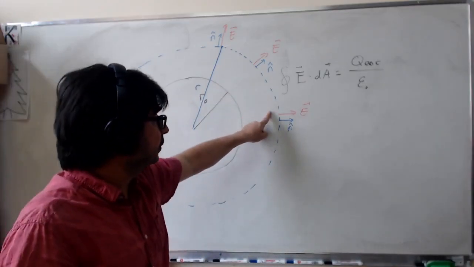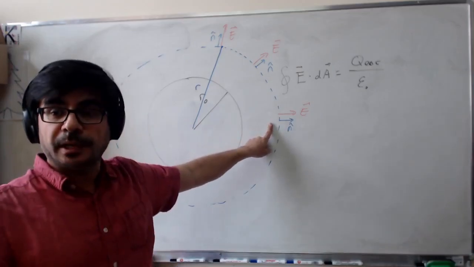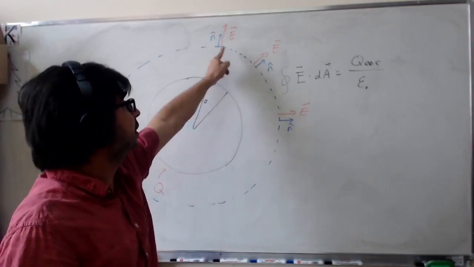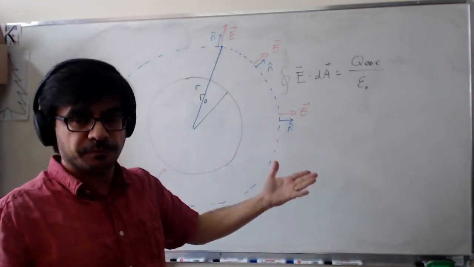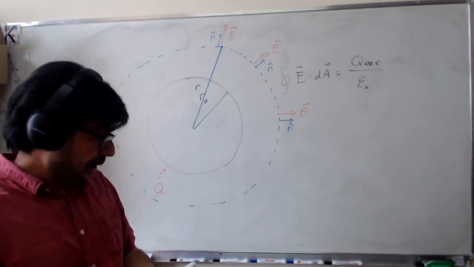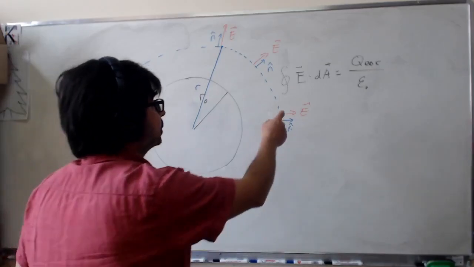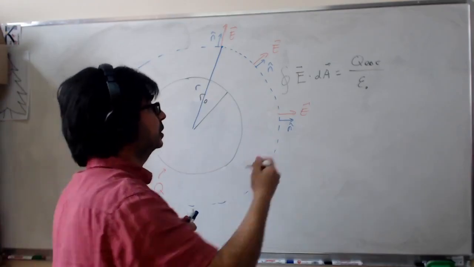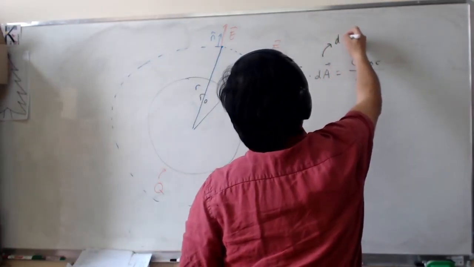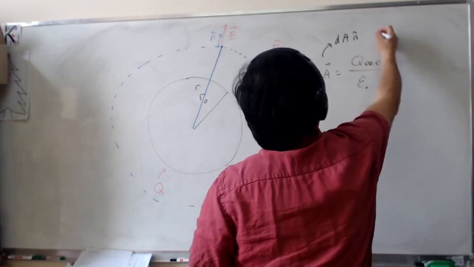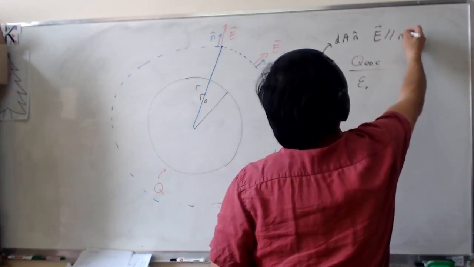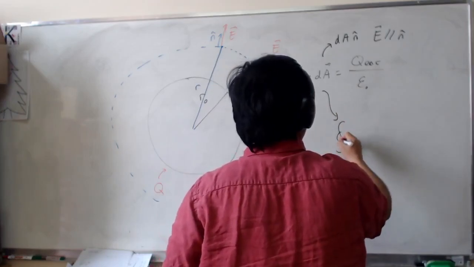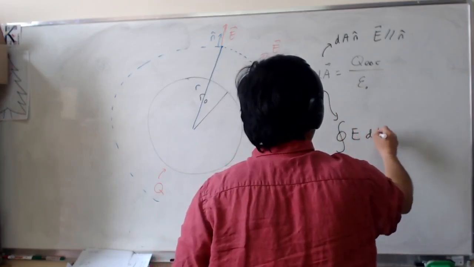So my electric field is going to be parallel to my normal vector everywhere. The electric field is in the radial direction at every point, and the normal vector is obviously in the radial direction at every point, which means that this dot product becomes a simple product. Because the two vectors are parallel to each other, it becomes a simple product, E dA.